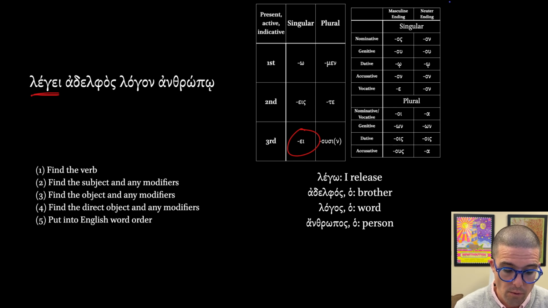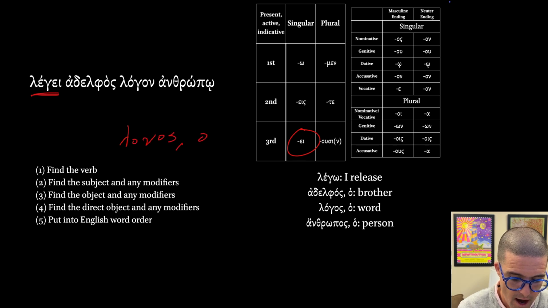We know that this is going to be the subject because logos is a masculine noun, not a neuter noun. The form of it, the lexical form that you would find in a dictionary is logos, like that, with ha after it.